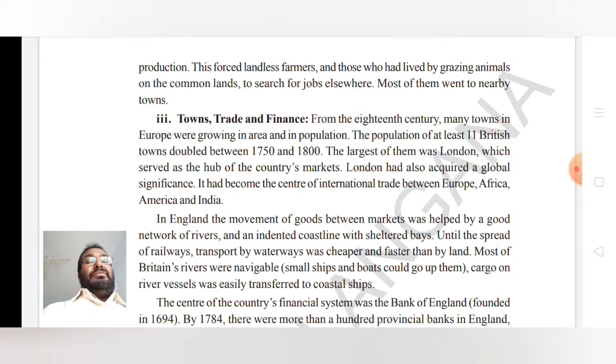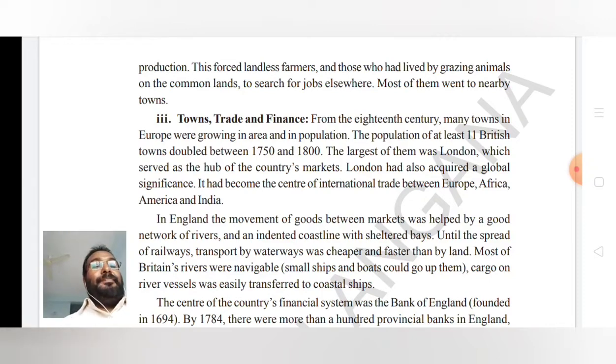Then the movement of goods between markets was helped by a good network of rivers and an indented coastline which sheltered the ports. Until the spread of railways, transport by waterways was cheaper and faster than transport by land.